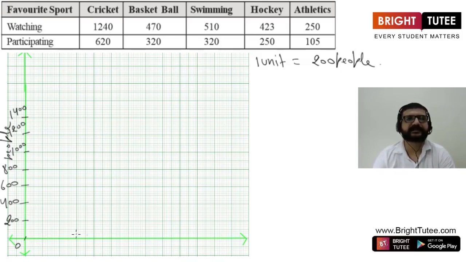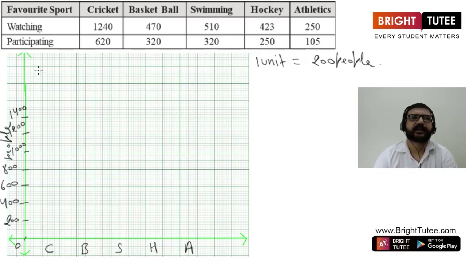Now on the x-axis, or on the horizontal line, we will be writing different sports. Let's write cricket with the letter C, basketball with the letter B, swimming with the letter S, hockey with the letter H, and athletics with A. Now the number of people watching cricket is 1240.